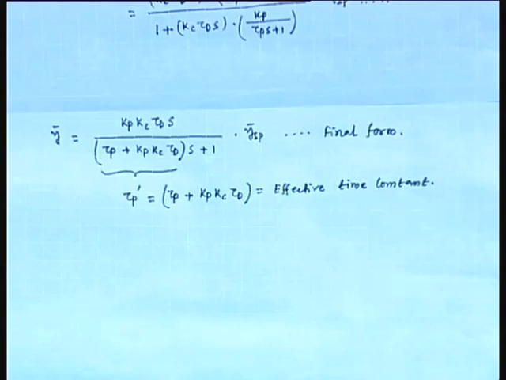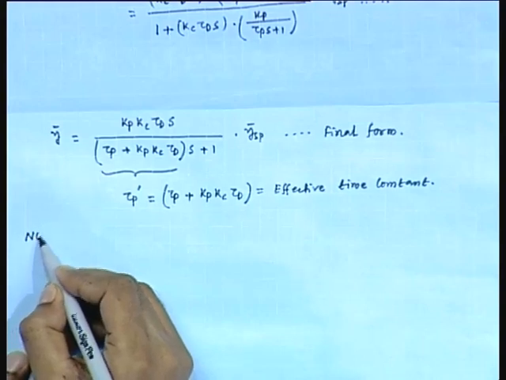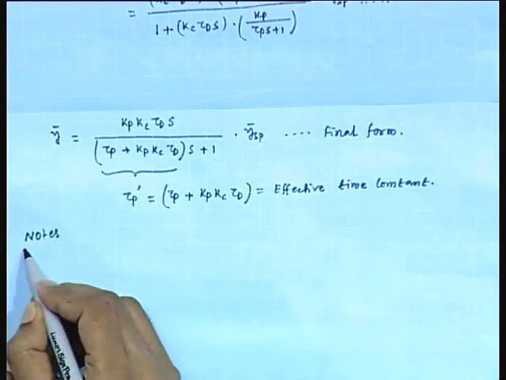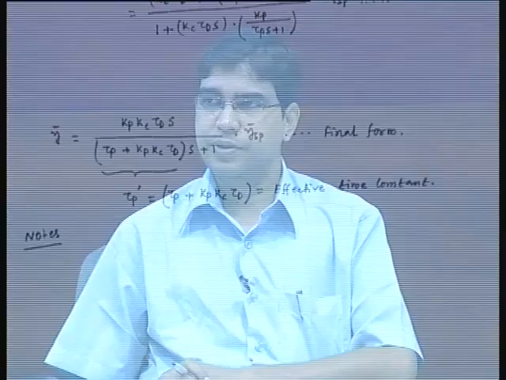Fine. So, which one is larger, tau p or tau p prime? Tau p prime. Now, we will note down a few important points. Due to the inclusion of derivative action, is there any change of order? No. The order of the overall system does not change.